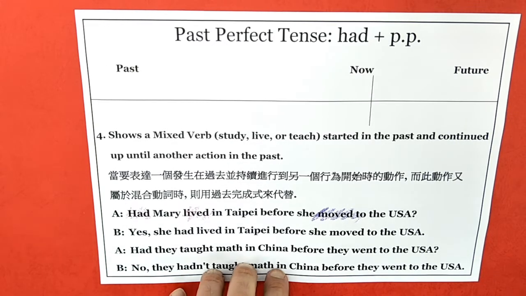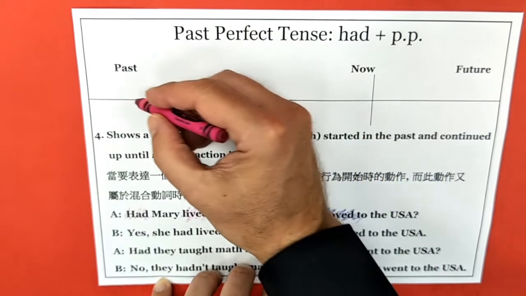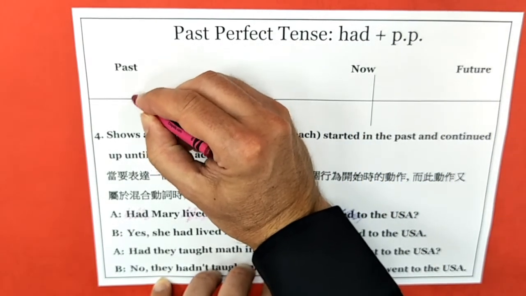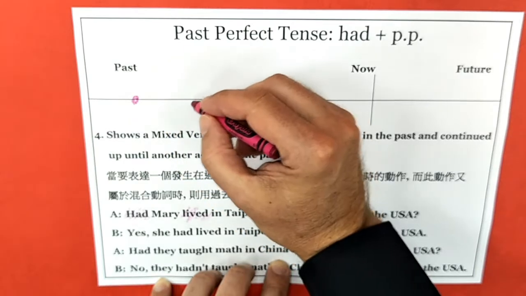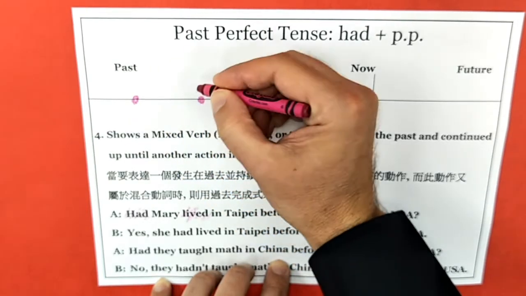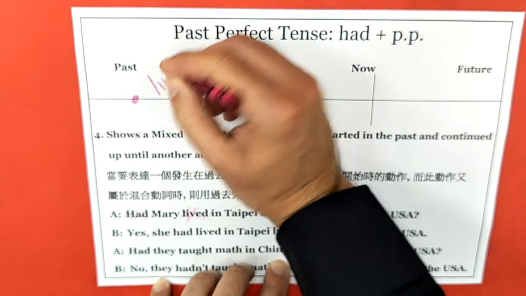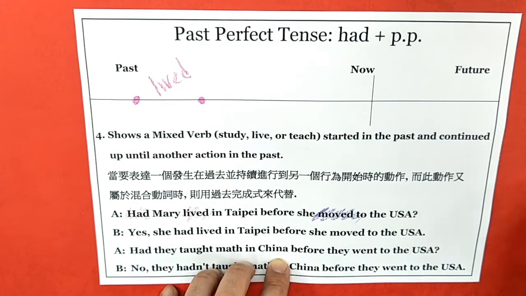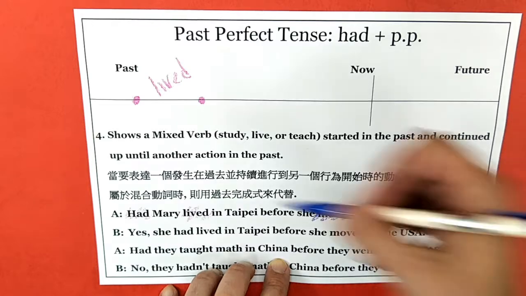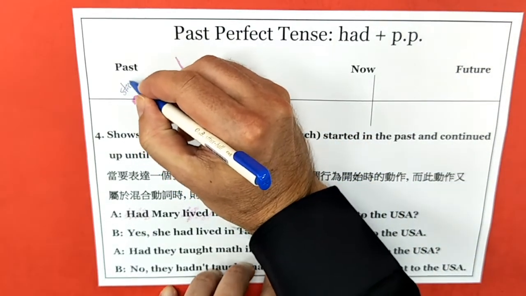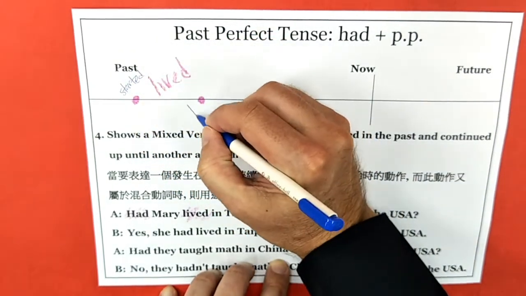All right, so again, here we have Mary. Here she started living in Taipei, and here she left Taipei. So here she lived in Taipei, right? She lived in Taipei. Remember, she started living here. Here she left.